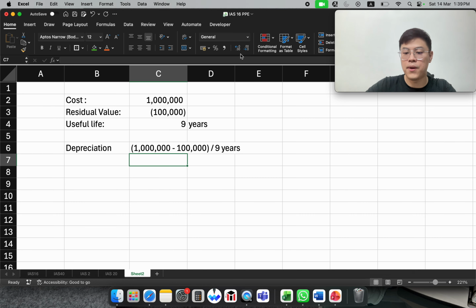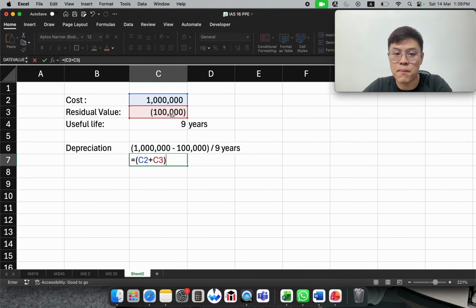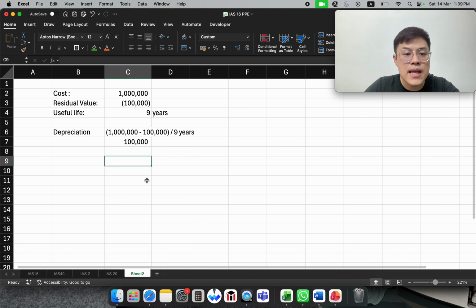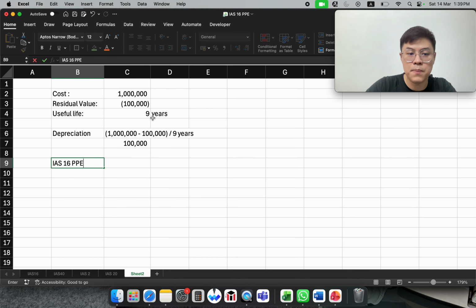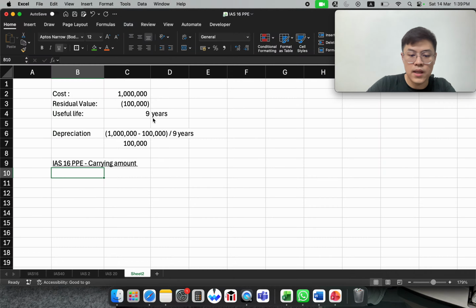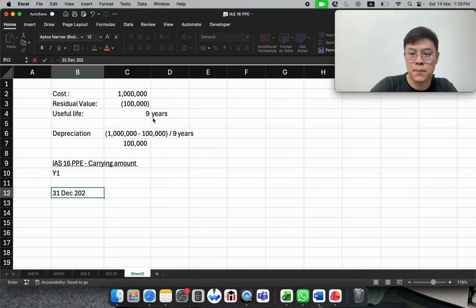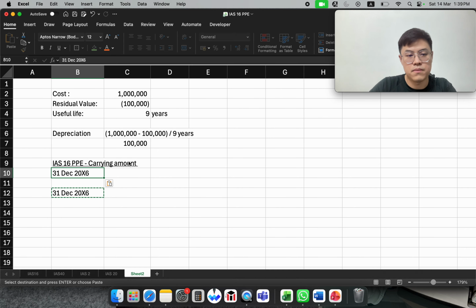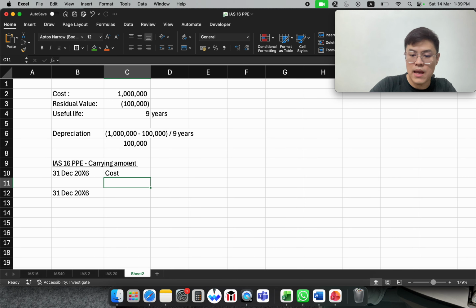Each year you are going to depreciate by 100k. So this is my depreciation. If we present it using IAS 16 PPE, the carrying amount, for example in year 1, at 31st December X6, because we are calculating the full year depreciation, we start with the cost, depreciation and carrying amount.